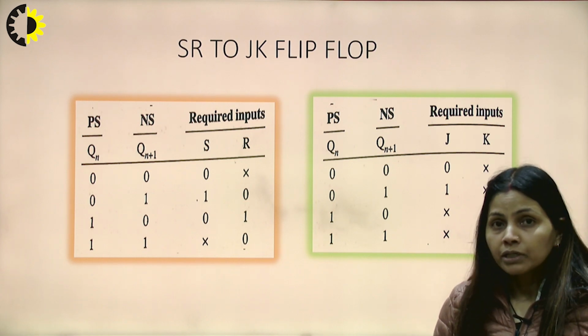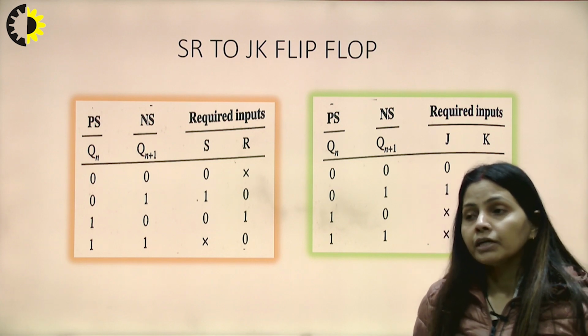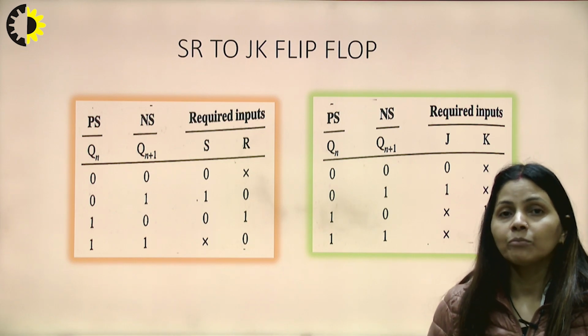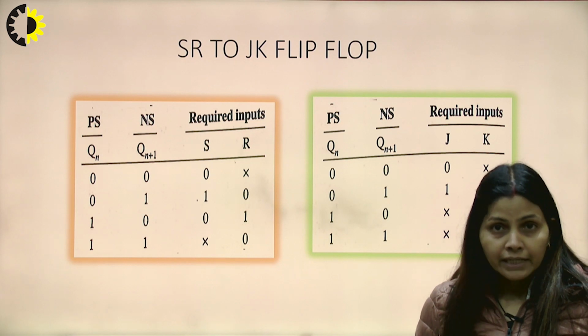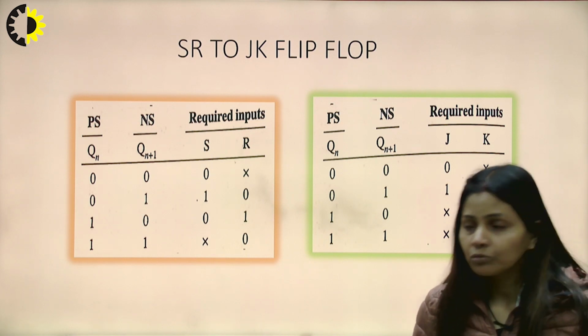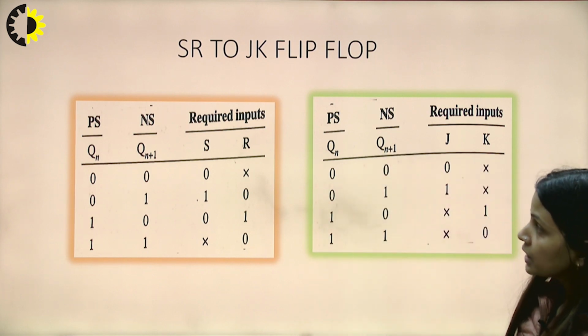We will not go into the detail of how these excitation tables can be written, but for fast computation at the time of examination, you should remember the excitation tables for SR or JK or all the types. T and D can be simply remembered. So, here we have present state and next state.